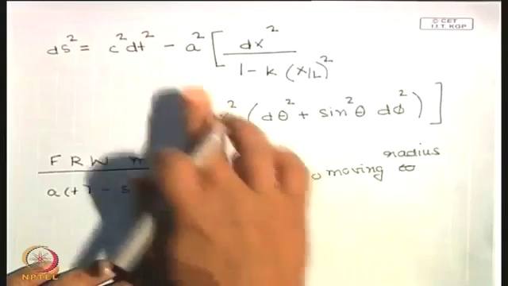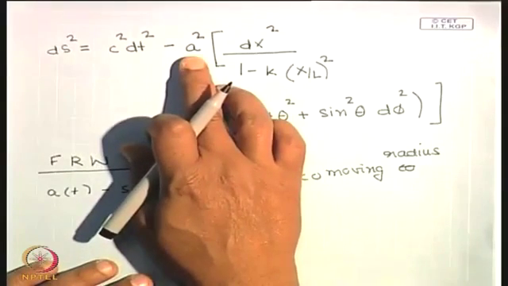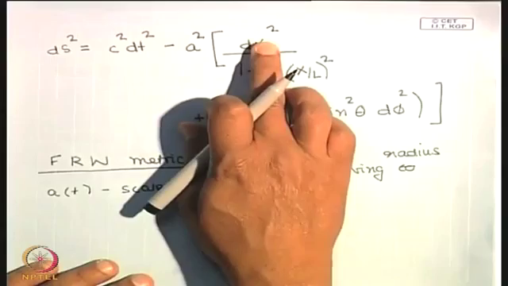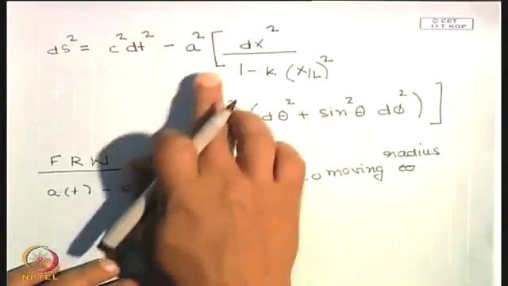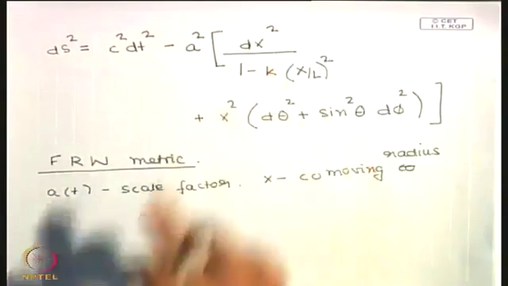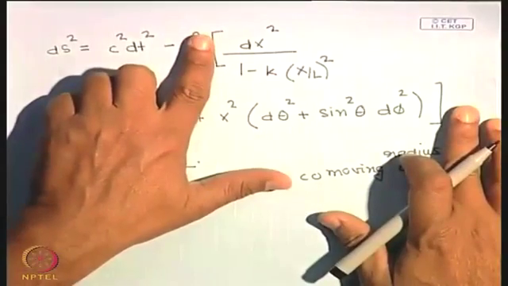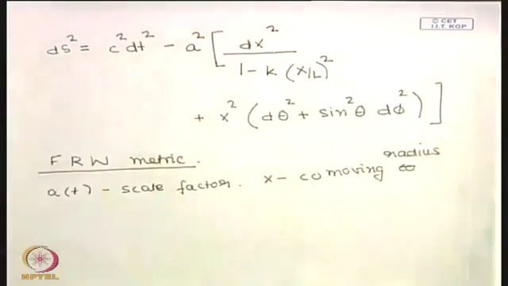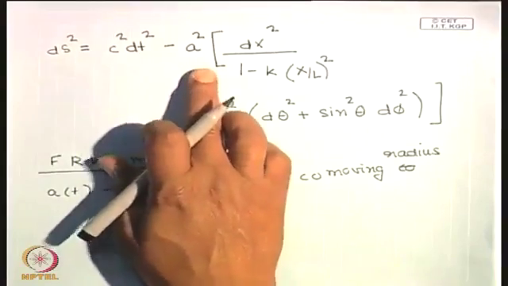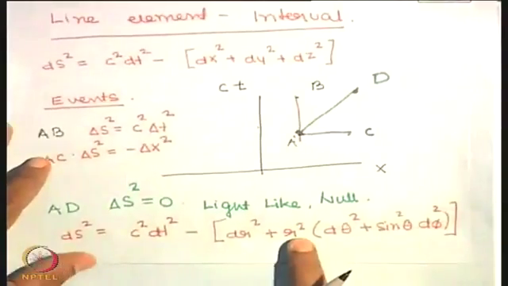It is co-moving because the whole thing is multiplied by a factor of a square. a into x tells me the length, right. So this is a co-moving coordinate system. The whole length in this coordinate system gets multiplied with the function a square. Okay, if a is 1, then this looks exactly like this.